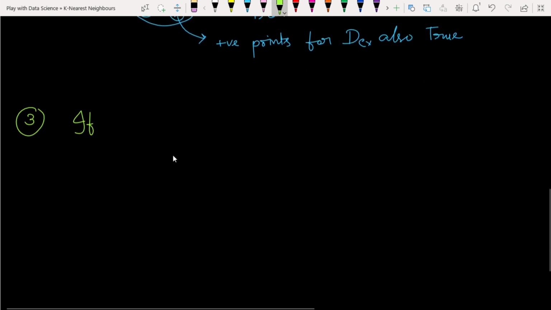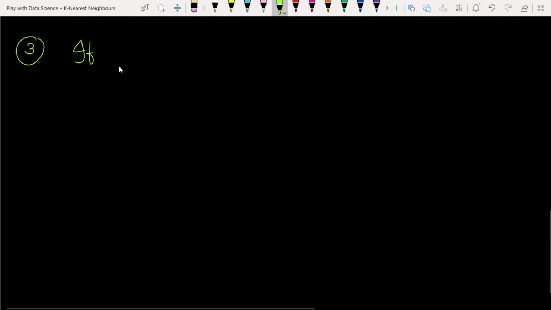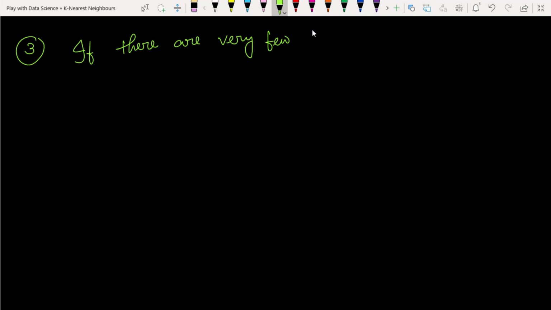Suppose if our density is low, then what happens? If there are very few points, positive or negative, the same is true for both.